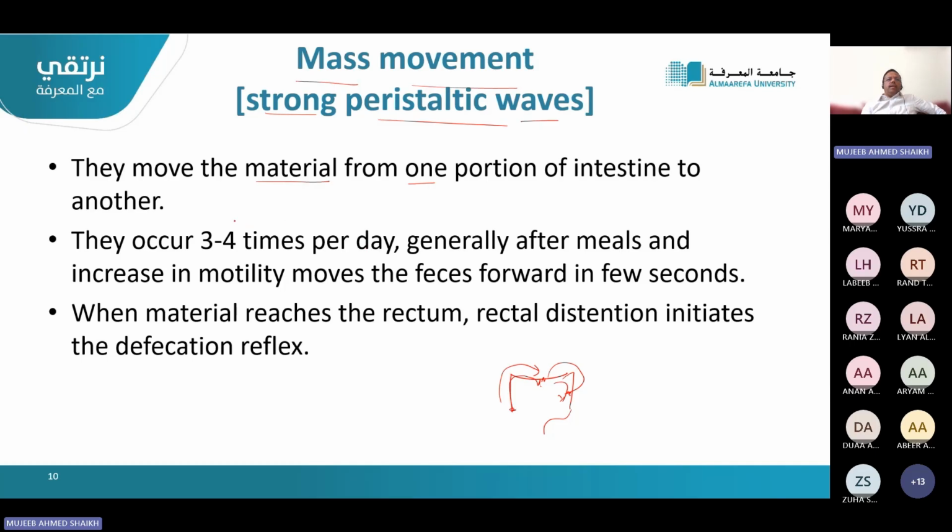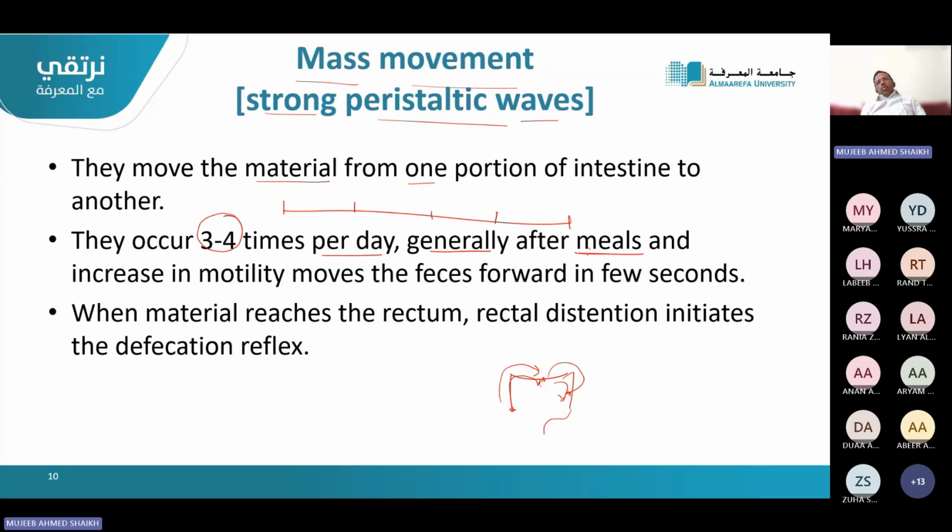How frequently do they occur? They occur around 3 to 4 times in a day. In the whole day, in 24 hours, they may occur 3 to 4 times. Generally, they occur after every meal.